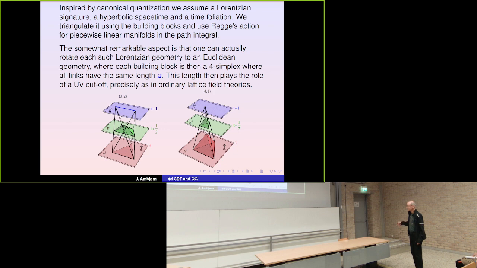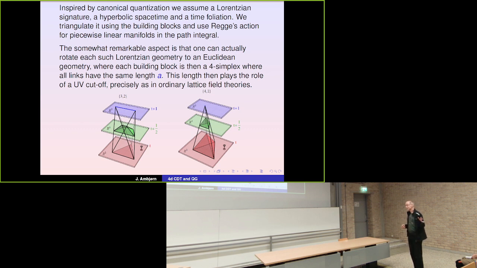And then we glue these together such that in the slab in between, the topology is the same as the spatial topology. And we sum over all of these, and what we use is this Regge action in the partition function. But the remarkable fact is that for each of these Lorentzian geometries, we can actually rotate them to a Euclidean geometry, where each building block is now a four-simplex, where all links have the same length a.